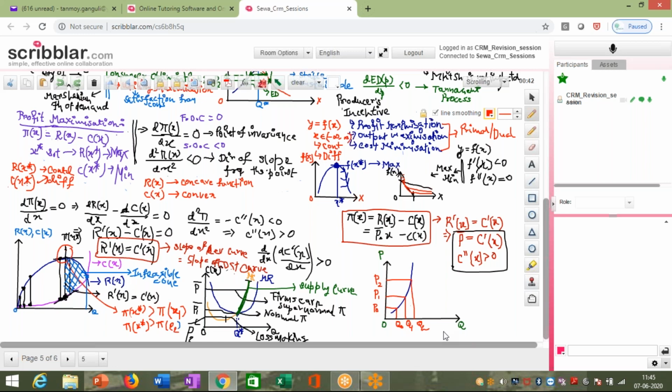Now you will say that this is a very hypothetical situation, because we have constructed this curve under the assumption of perfect information.